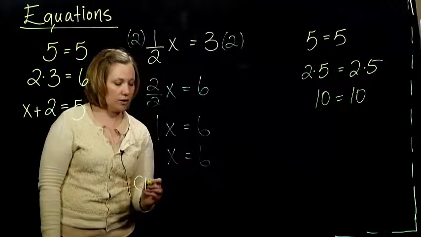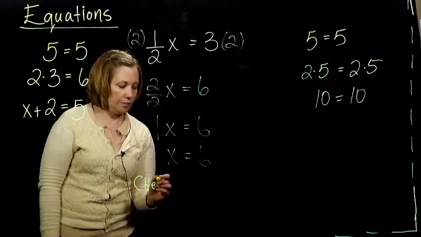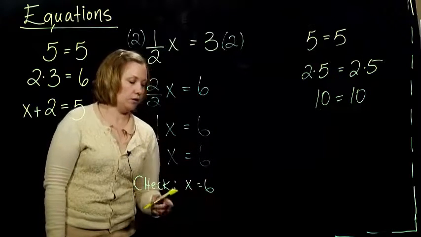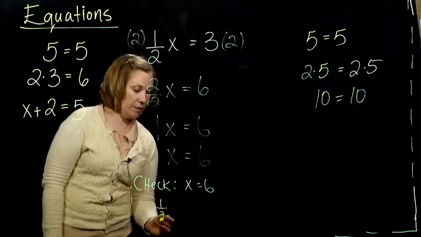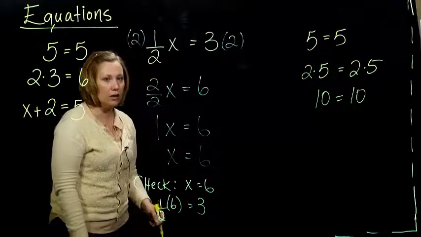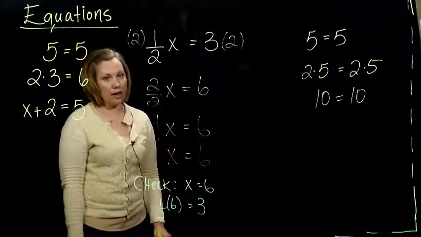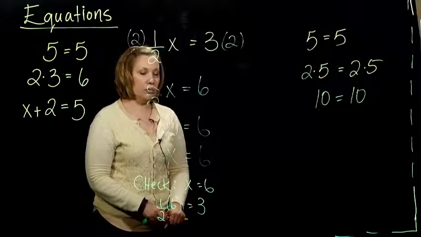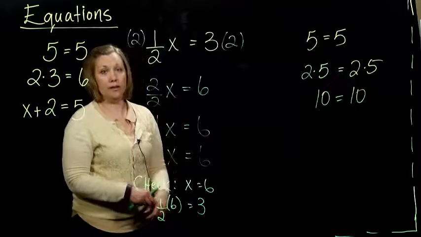And you can always check your solution by plugging that number in for x and seeing if it works. Sure enough, when I do 1/2 of 6, I in fact get 3. So that's how we use the multiplication property to solve equations.